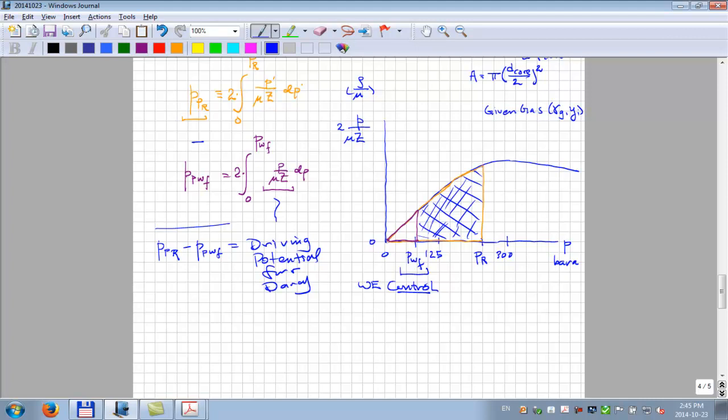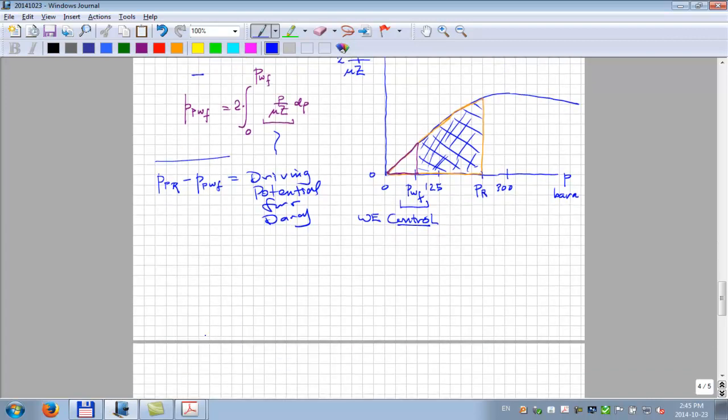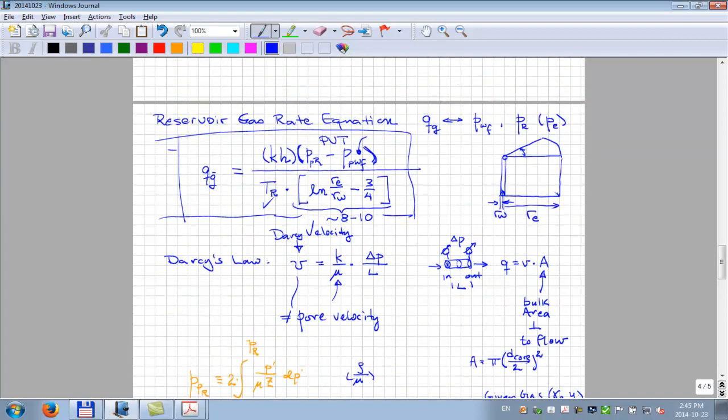Okay, that is the concept, and this is first order correct in every gas field in the world. We're going to add a few little things onto this, which can be important, but this is okay.